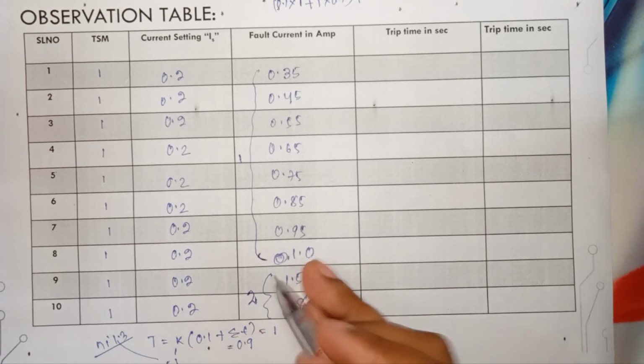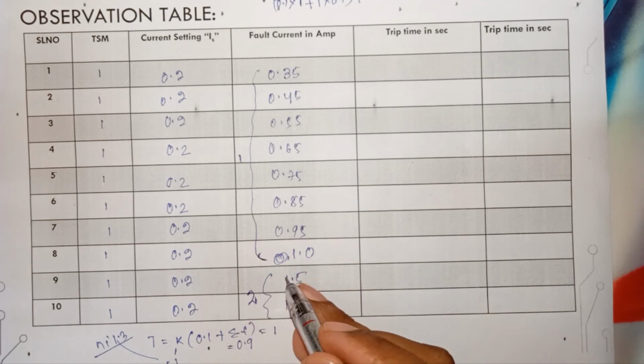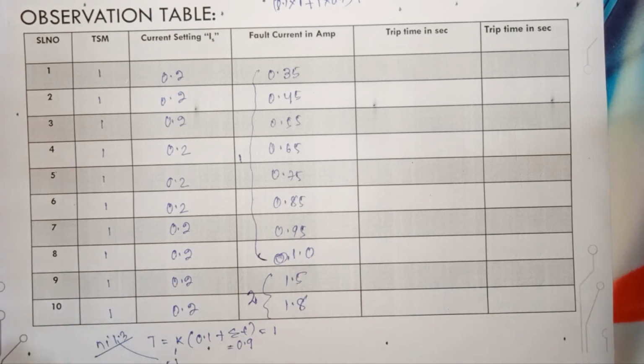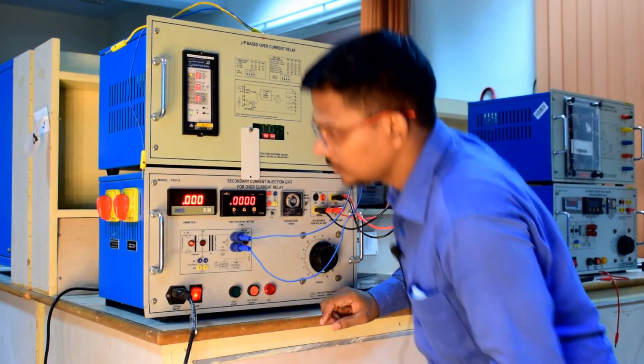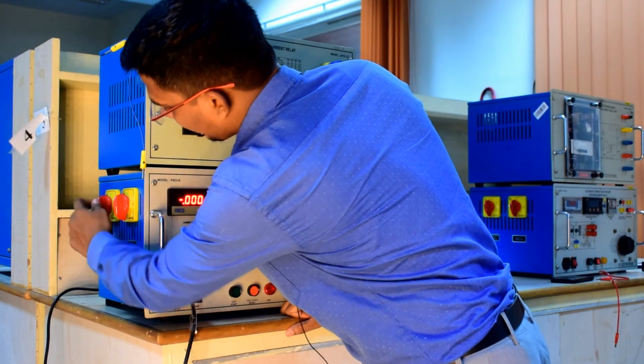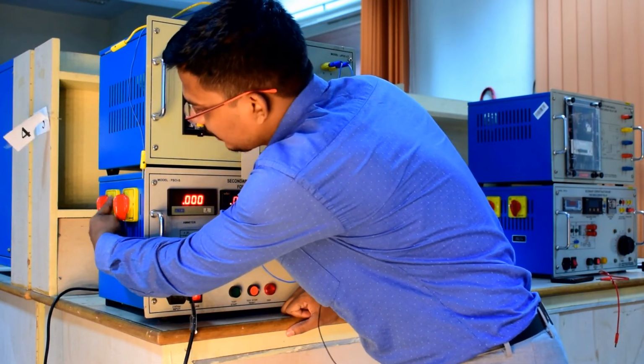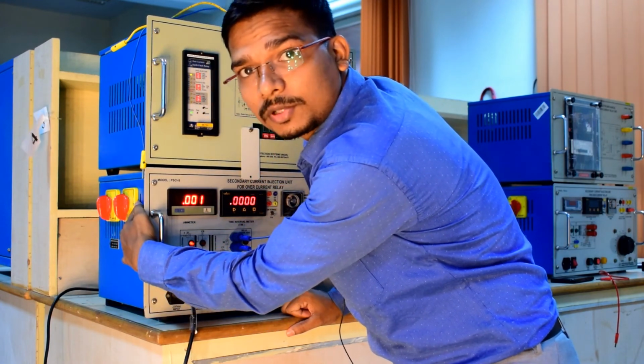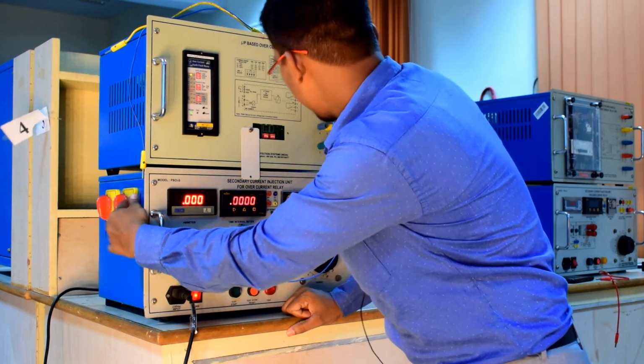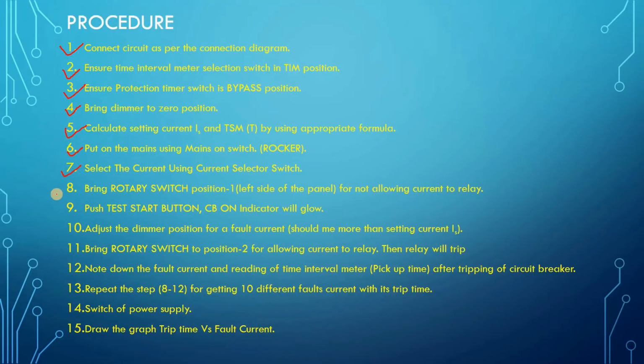Depending on how much current we are going to apply, we have to select the position of the current selection switch. Right now we will start from 0.35, so we have to see that the current selection switch is at position 1. Here it is at 1, and the rotary switch position is also 1.